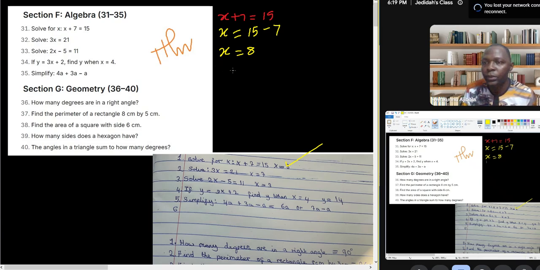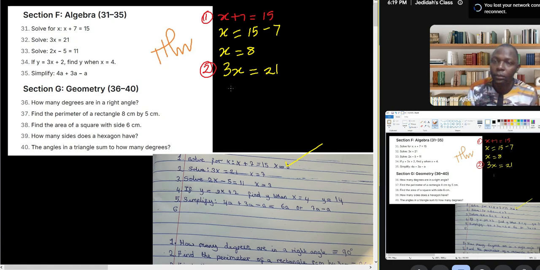So the next one says 3x equal 21. This is number 2. To find this, you have to remember that most of the time, a number before the letter means, in this case, 3x means triple x.